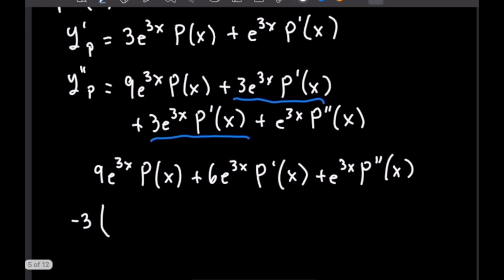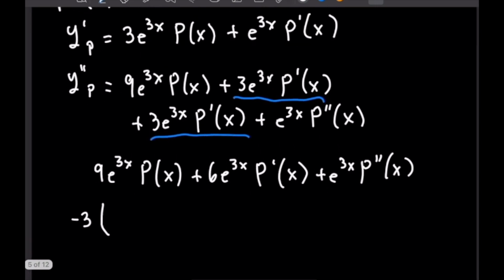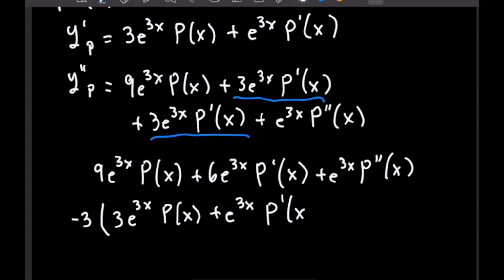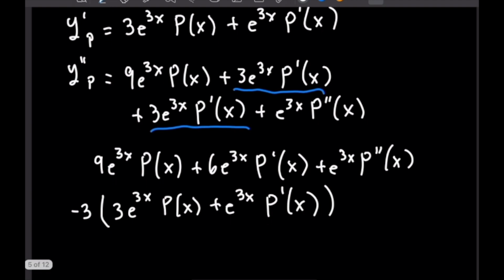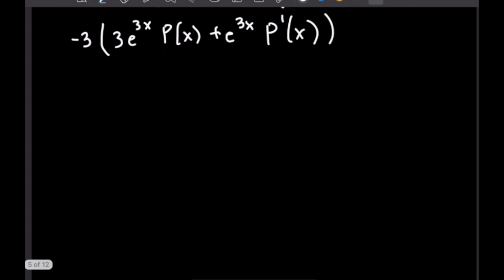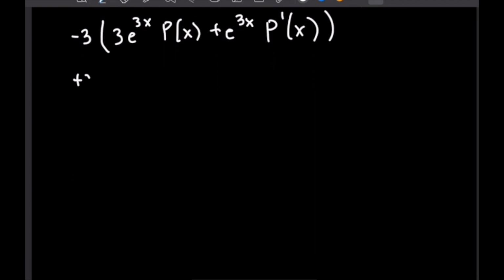It was that there, so we'll have negative 3 times e to the 3x times p of x plus e to the 3x times p prime of x. And then lastly, we will have 2 times our y, but we already know what our y was, so we'll have plus 2 times e to the 3x times p of x.